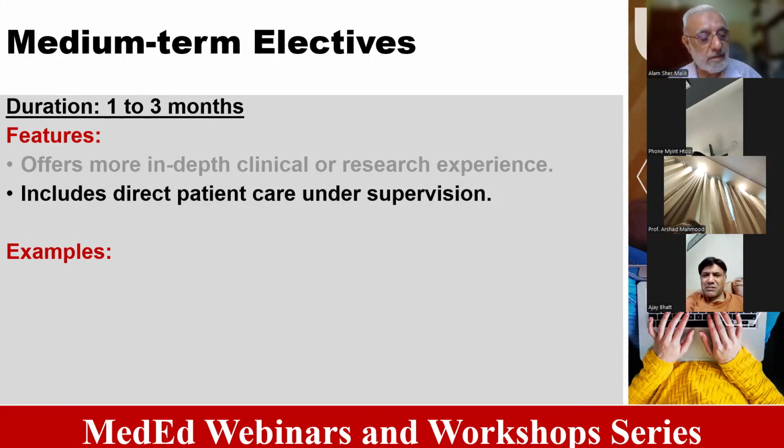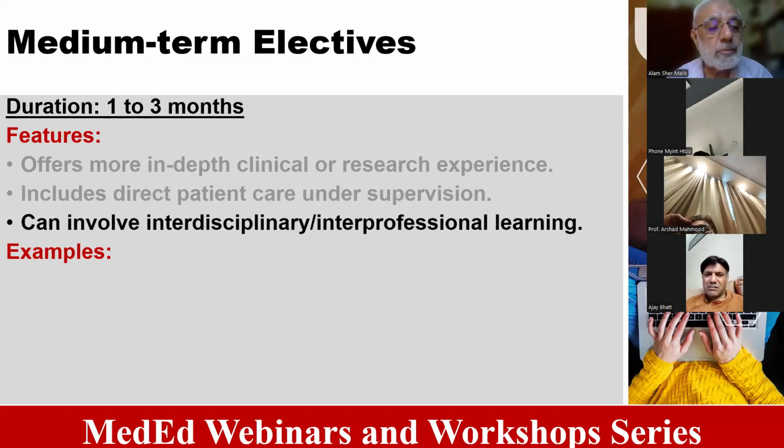So they may work in different specialties, for example, going to the oncology ward and spending time there. So they take part in patient care, but of course under supervision.